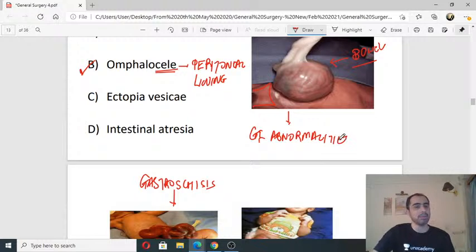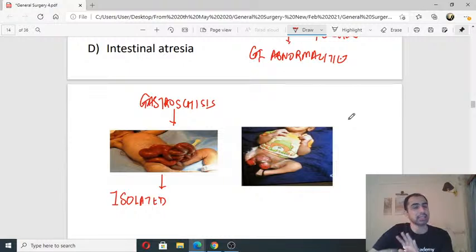The child may simultaneously have midgut malrotation, some atresias, and so many other problems. So this carries a poorer prognosis. Gastroschisis is isolated, so most of the time you just have to treat the gastroschisis.